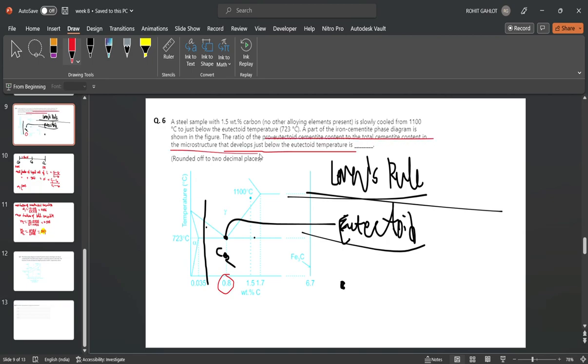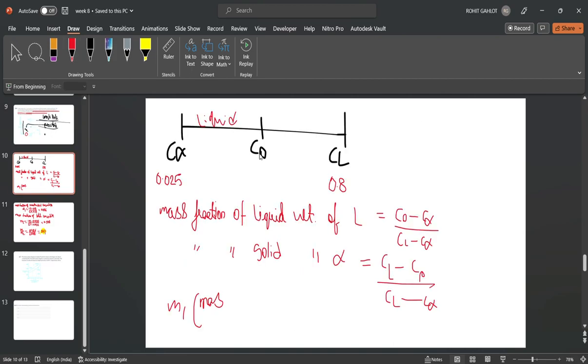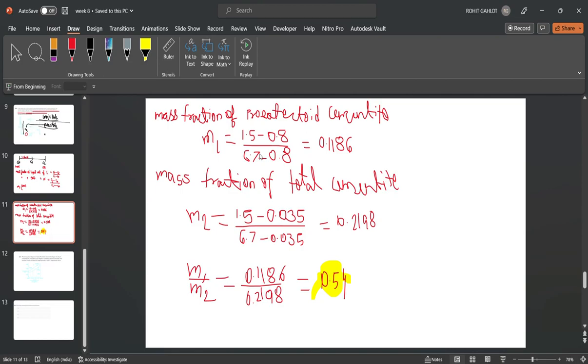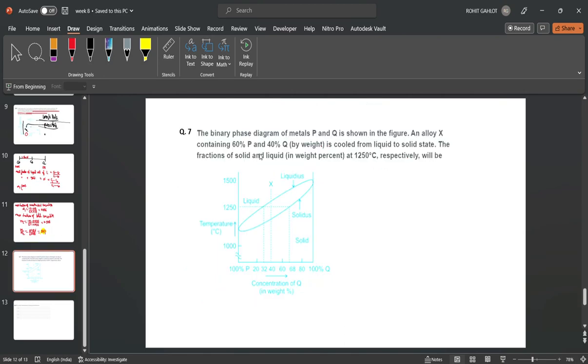So we found the mass fraction of pro-eutectoid cementite and total cementite. I explained here how the lever rule is applied for calculating the liquid as well as the solid fraction, and here we calculated the mass fraction of pro-eutectoid cementite and the mass fraction of the total cementite.